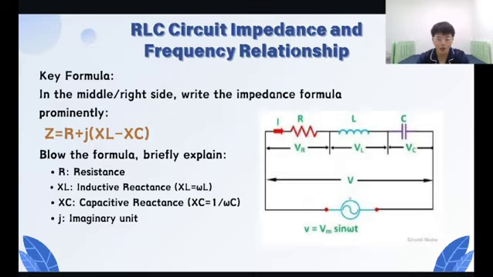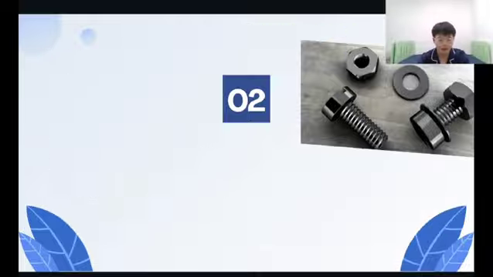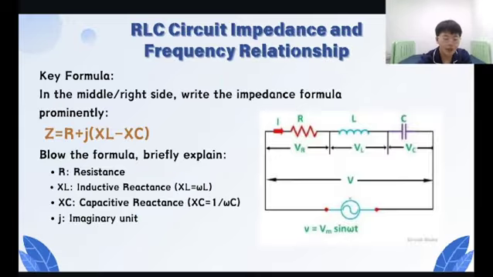Z equals R plus j times the quantity X sub L minus X sub C. As the frequency of the AC signal changes, the reactance changes, which affects the impedance. This causes the current to vary with frequency. Despite using complex impedance, the relationship between voltage and current remains linear as impedance links them.